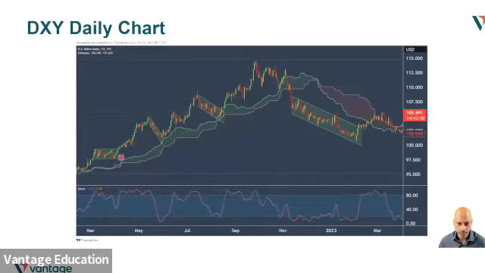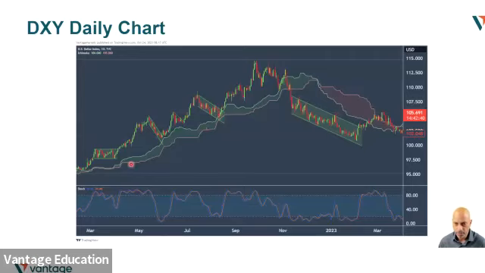So if it's a strong bullish trend, price is naturally going to be trading above the cloud. And as price pulls back in a bullish trend, the cloud will typically offer support areas as well. So we see that happening here in about June of 2022, and we see that happening again in August of 2022.